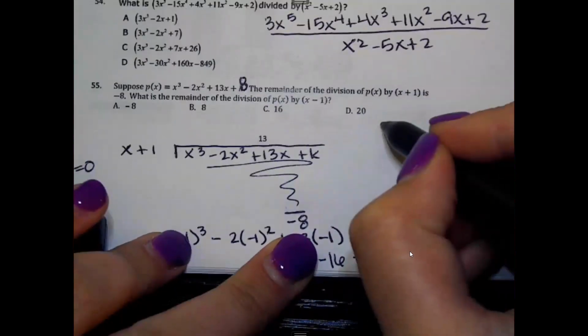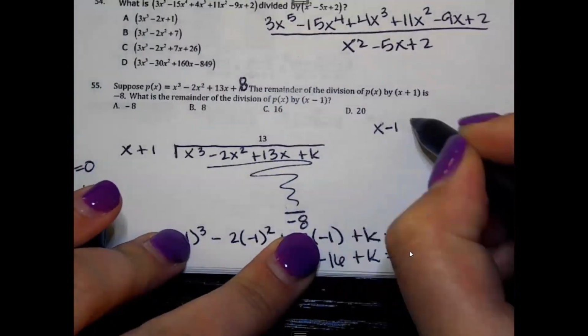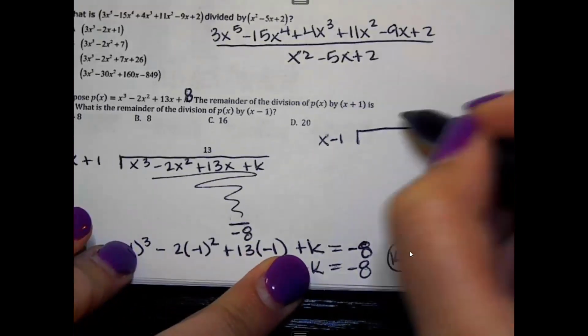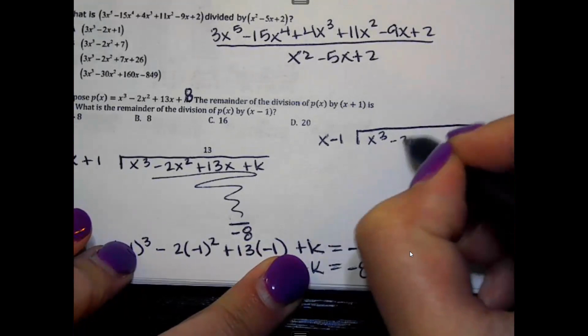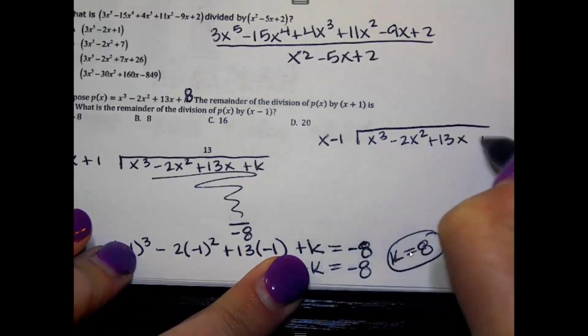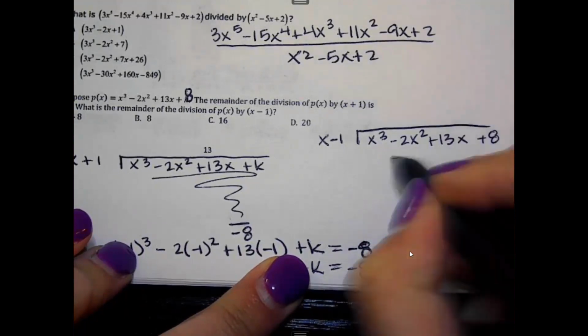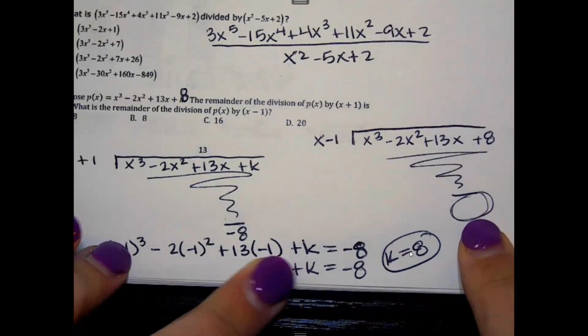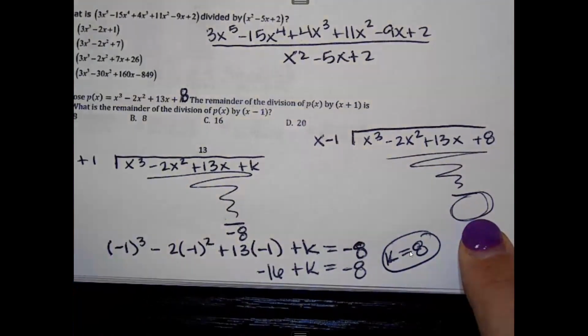So now we're going to say, okay, X minus 1, and we're dividing X to the third minus 2X squared plus 13X plus 8. And we're going to do the whole division problem, and we're going to get a remainder, and that remainder is the answer. That's what they want us to tell them. Do we have to do the whole long division problem and get the remainder, or could we do a shortcut?